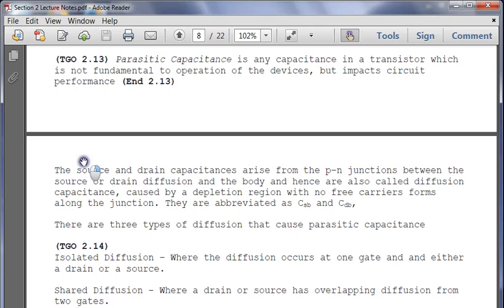And the 3rd type is what's known as merged diffusion, where diffusion occurs from 2 gates in proximity to each other. If you recall, when we were drawing our diagrams or state diagrams, we had instances where you can kind of go around here. You have one poly here, and you have another poly here.